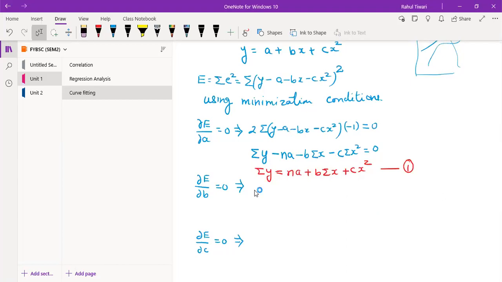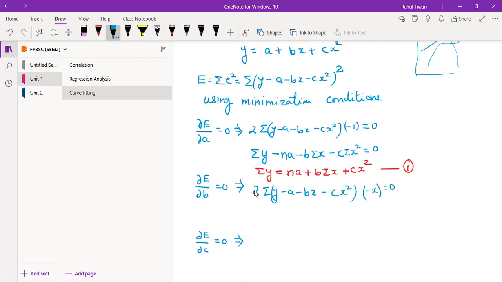Similarly, when you differentiate with respect to b, then what could be my expression? Try to understand. So it's going to be 2 times again summation y minus a minus bx minus cx square, and again derivative of b, so it's going to be minus x, equated with 0.